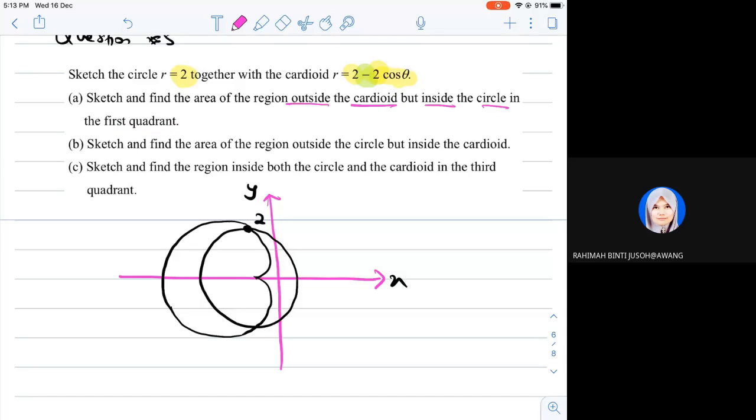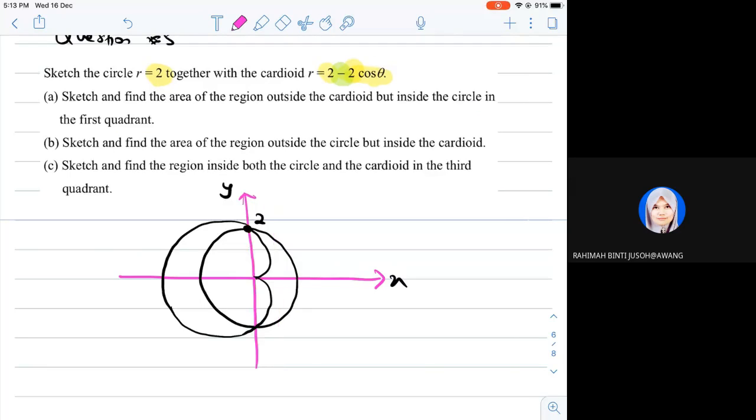Let me highlight this again. Outside the cardioid, inside the circle, in the first quadrant. So the region should be here, isn't it? Yes.